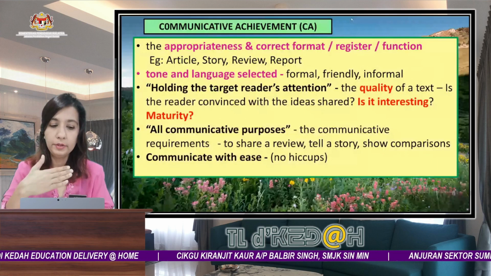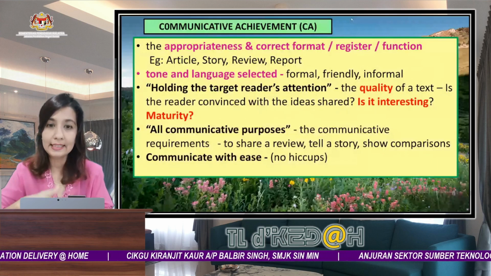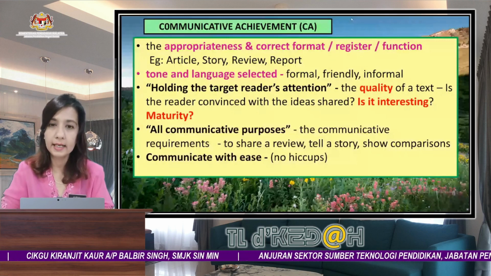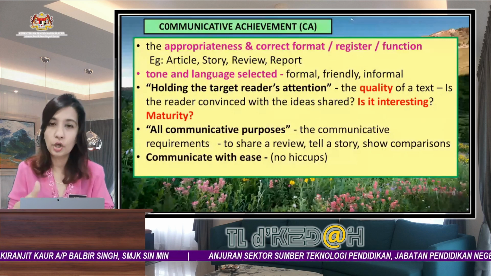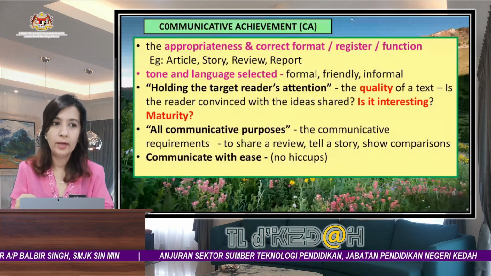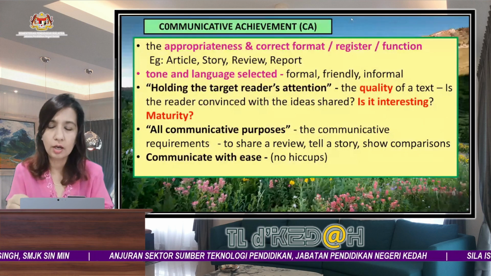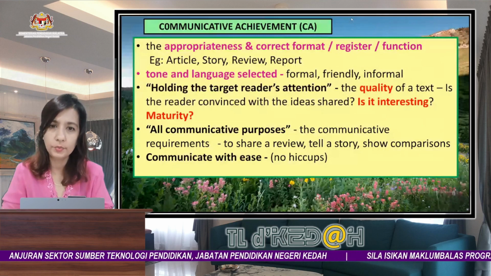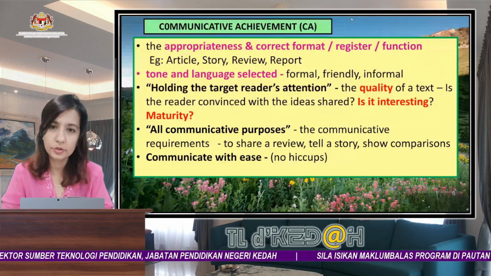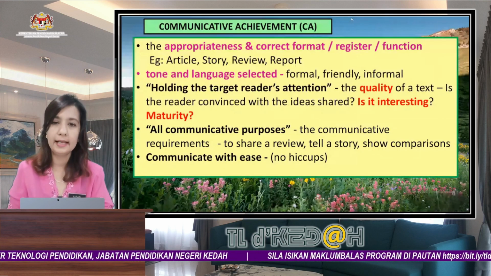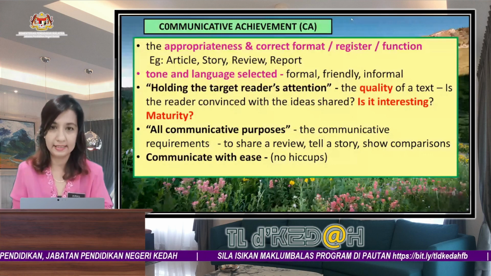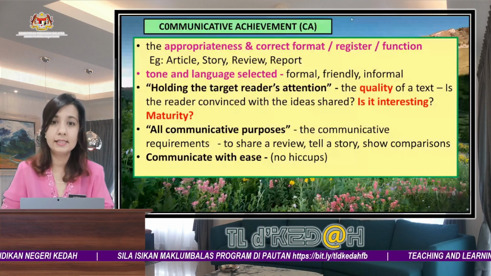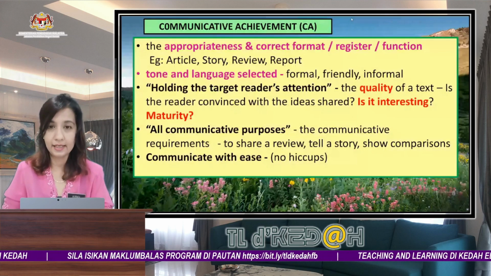So the communication should be at ease. That means when you share your ideas, there shouldn't be hiccups. Hiccups mean stops and pauses where readers have to stop to think whether this is the right point, or what this writer, what this student is writing. It shouldn't be like that. It should be a very good flow of ideas. So communicative achievement is the sharing of ideas, with the appropriate tone and language.